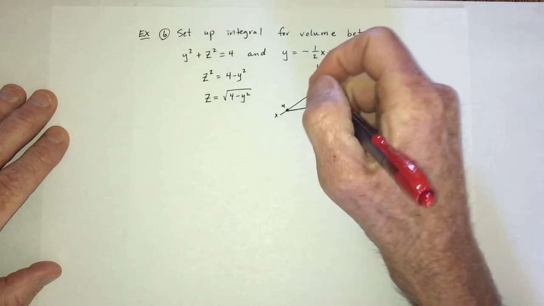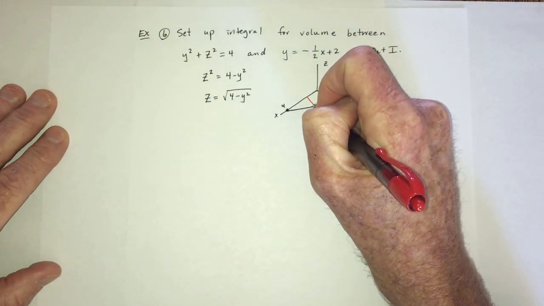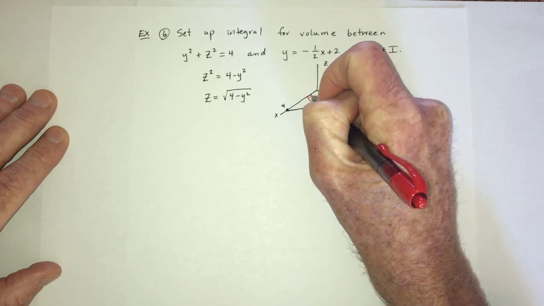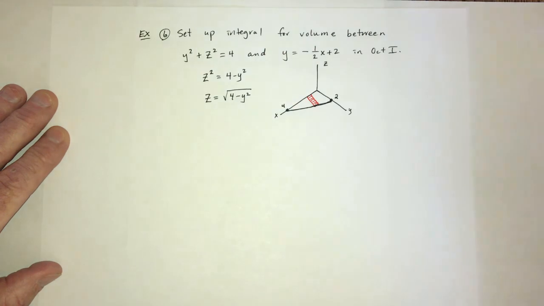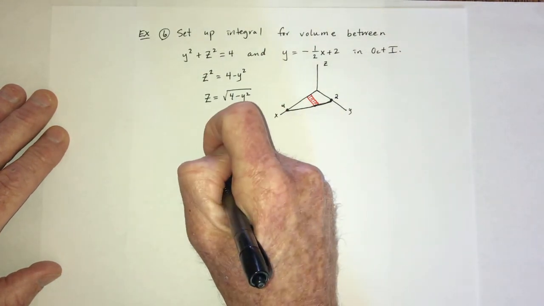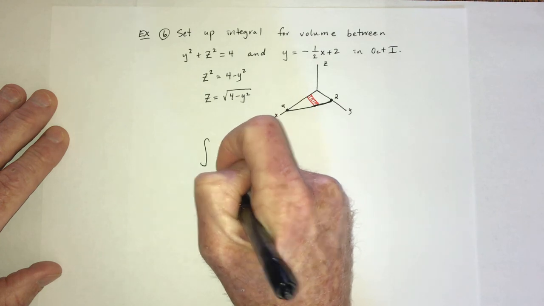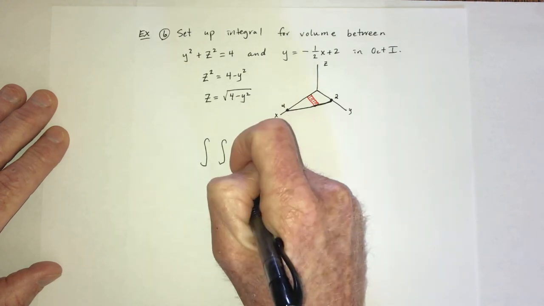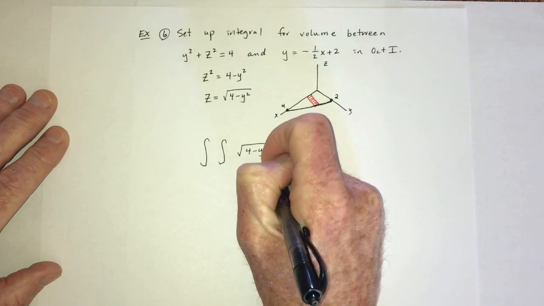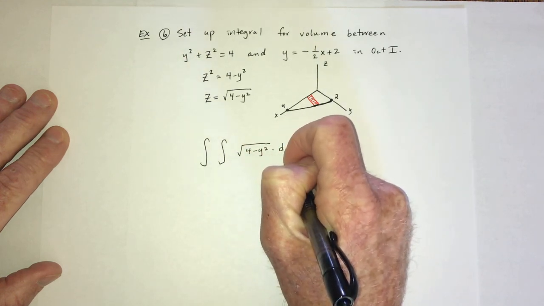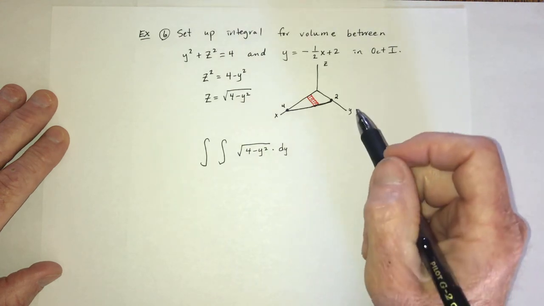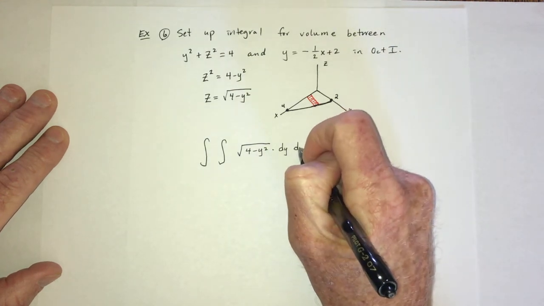So then I'm going to make the representative rectangle go like this. And then that's going in the y direction, so that means we're going to be integrating with respect to y. So the function is the square root of 4 minus y squared, and then integrate with respect to y, and then x later.